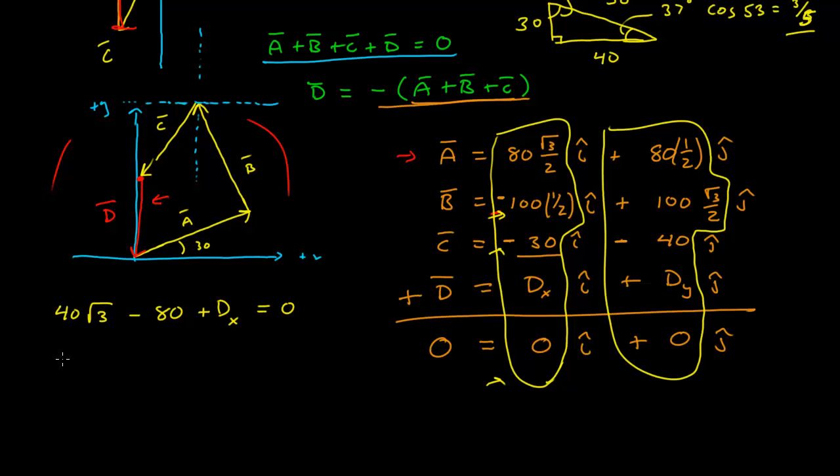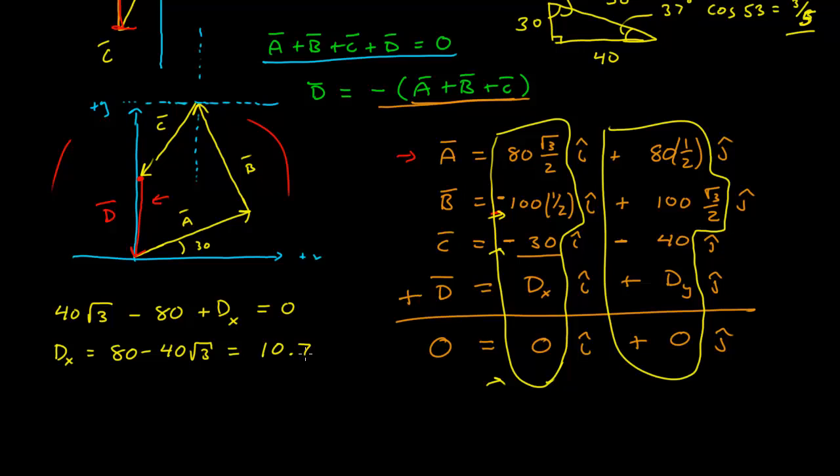And so if I just solve, that x component then is 80 minus 40 times the square root of 3, and now I finally have something that I can plug into my calculator. I don't plug things into my calculator until it's in as reduced form as possible to save calculator error possibilities. And so the result is 10.7. Again, whatever units I started out with, we can say it's meters.